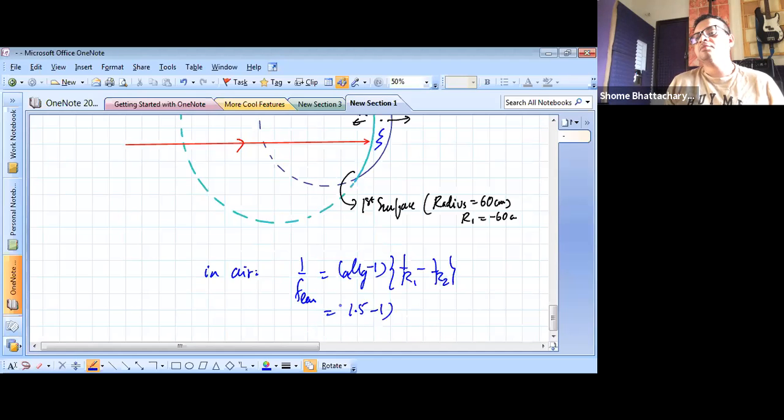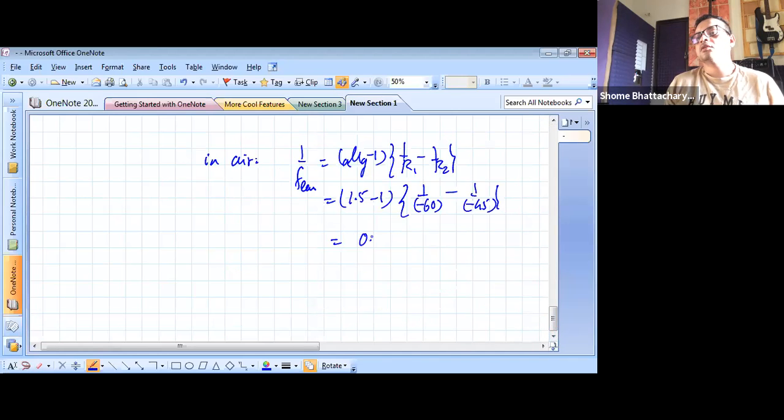So 1.5 minus 1, into 1 by R1, which is minus 60, minus 1 by R2, which is minus 45. Further, we get 0.5, and we can take 15 common: 1 by 45, so 1 by 3 minus 1 by 4. That will give us 1 by 12. So 1 by 30 into 1 by 12, that is 1 upon 360.